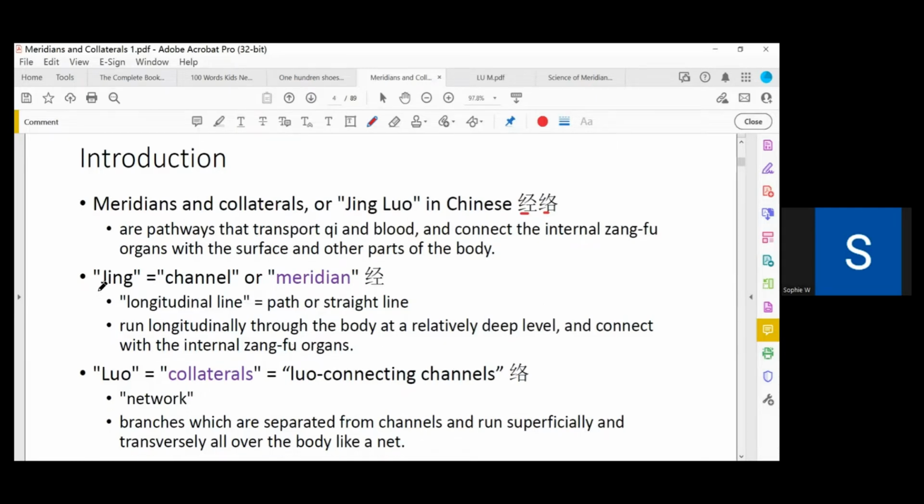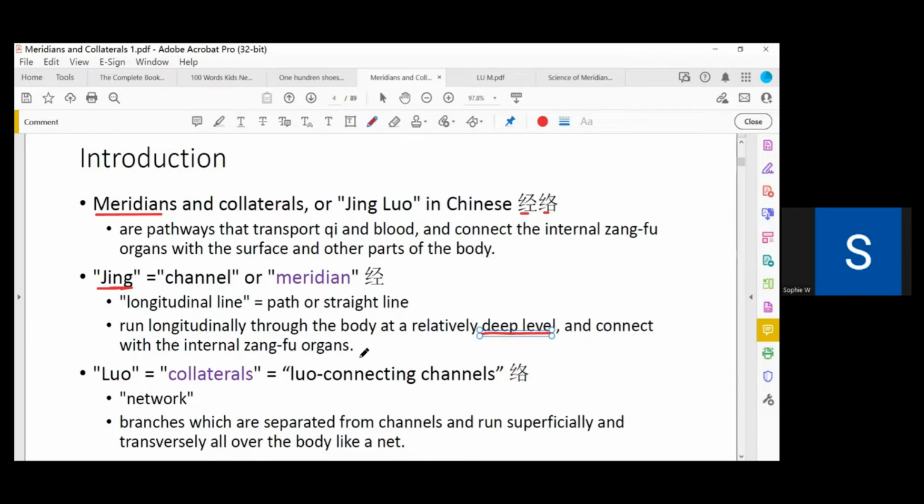So the jing, the meridian, is at a relatively deep level. It's a little bit deep.